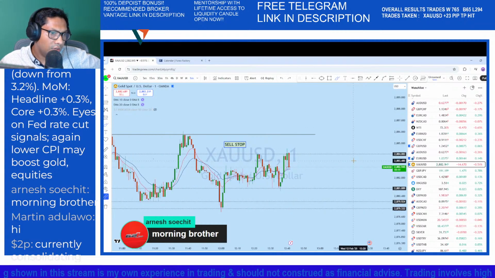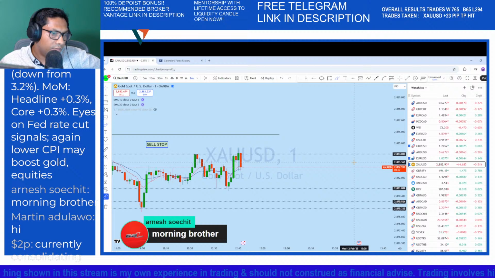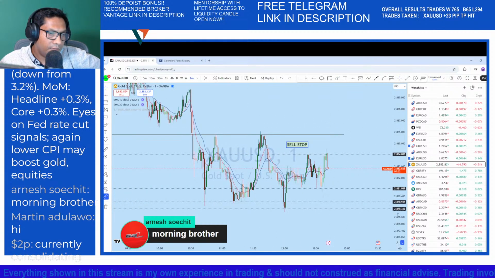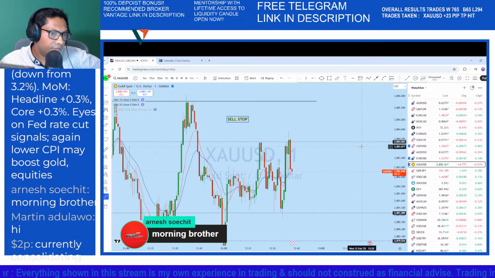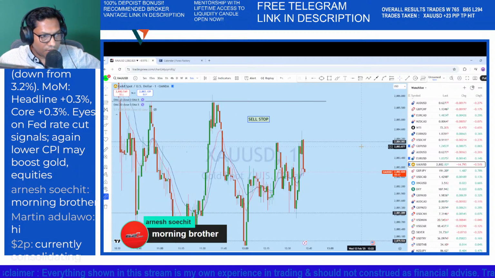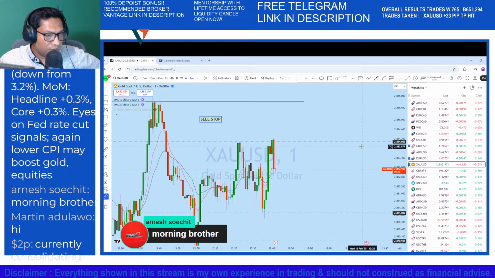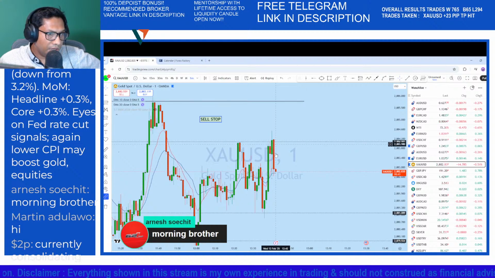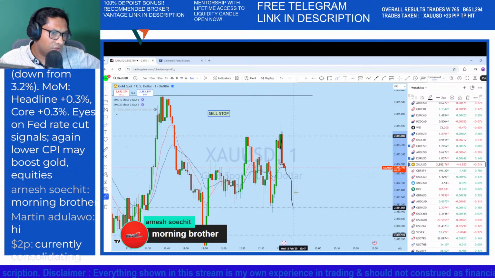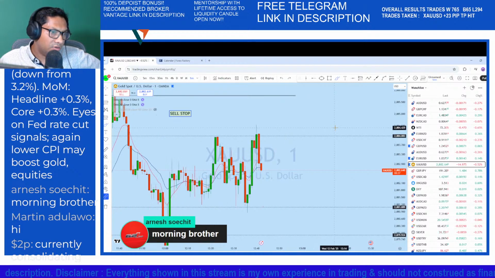Okay, so here is a bearish pressure here, and with that bearish pressure, expecting for the market to come back here to that support level.